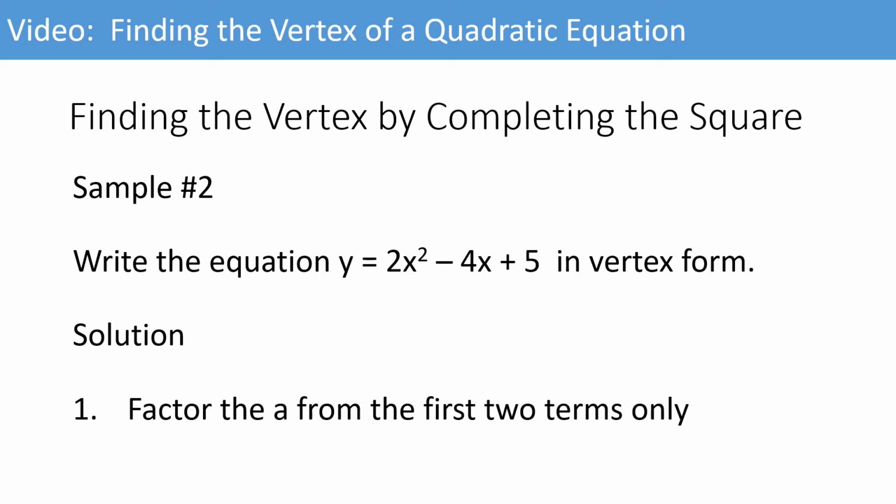Now the a value is the number in front of the x squared, which is 2. So we will take 2 out of the first two terms. Divide 2x squared by 2, and we get x squared. Then take the minus 4x, divide by 2, and we're left with negative 2x, and then plus 5.